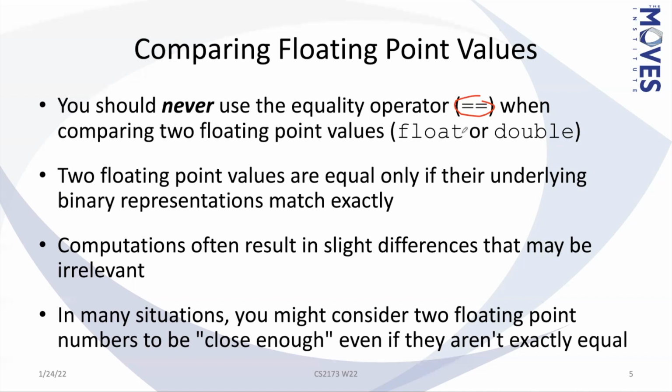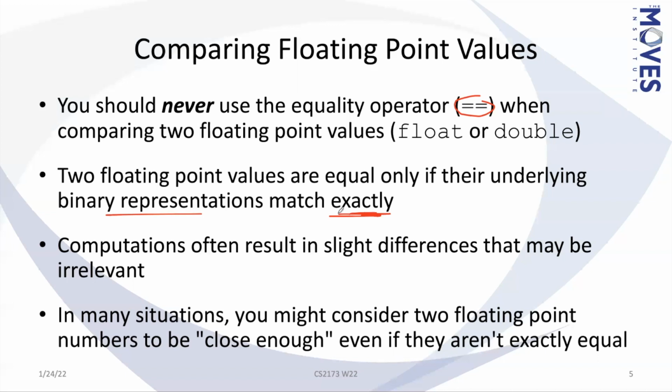But we can have two floating point values that ought to be equal, but they are considered to be equal only if the underlying binary representations match exactly. That's sort of the key here, exactly. And it's very easy to have computations that result in slightly different values.